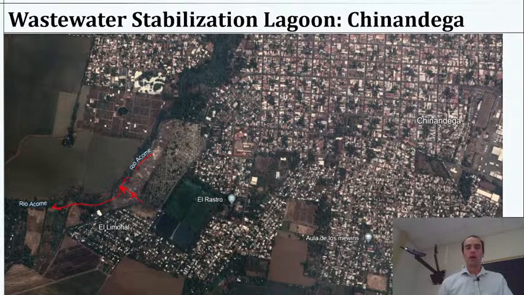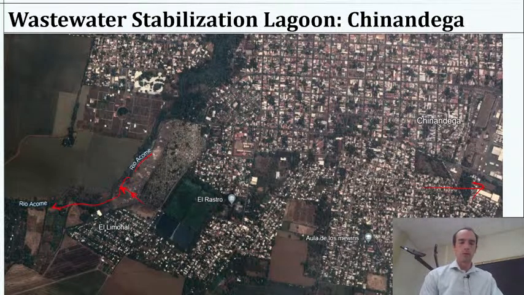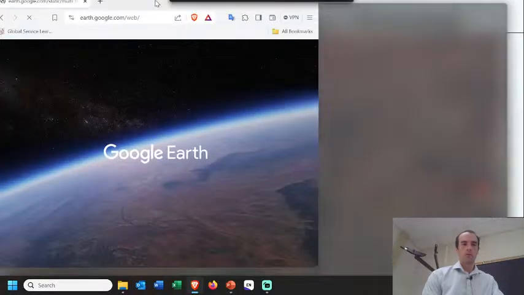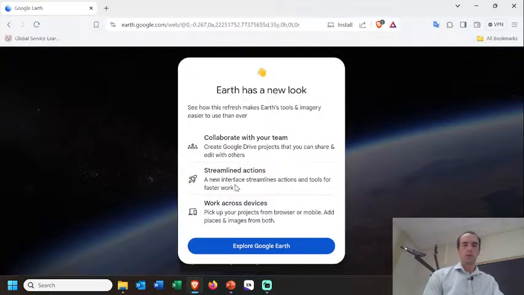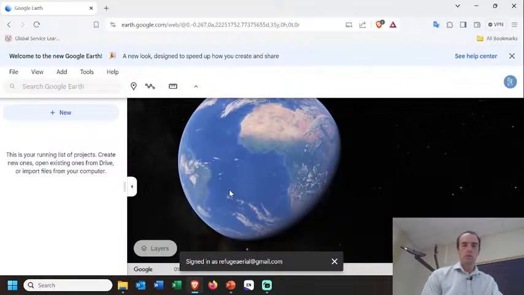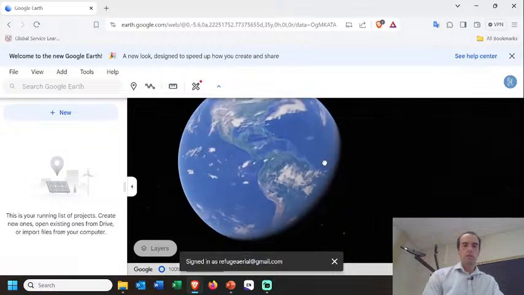If we were to zoom out, over to the right here would be the compound. Maybe I'll just pull up Google Earth and we can explore that together real quick. See how well we do.